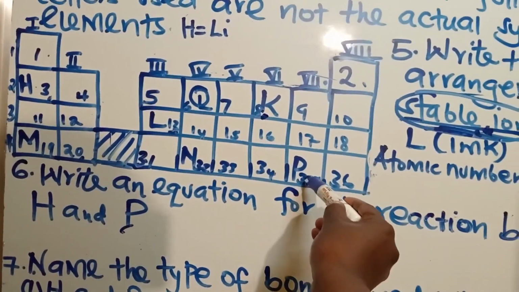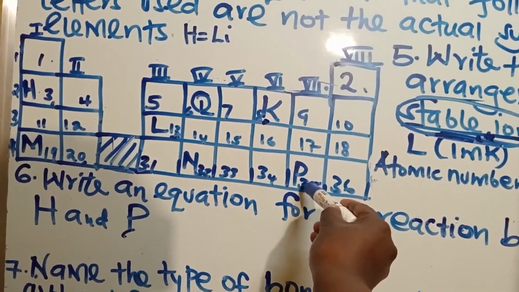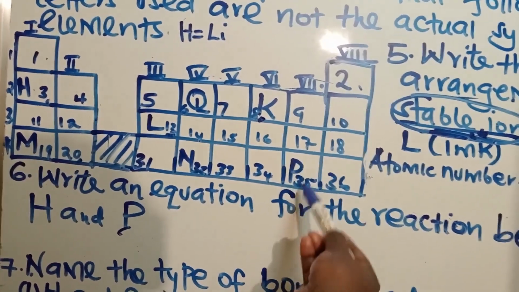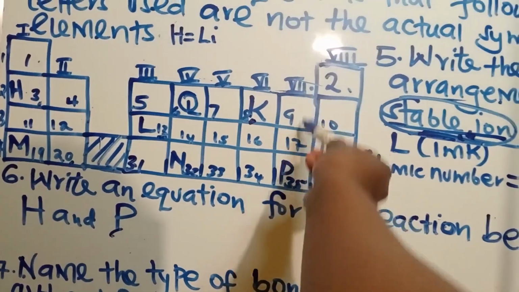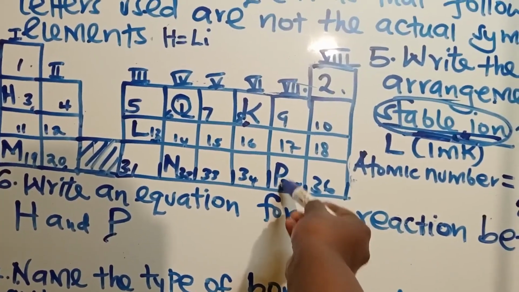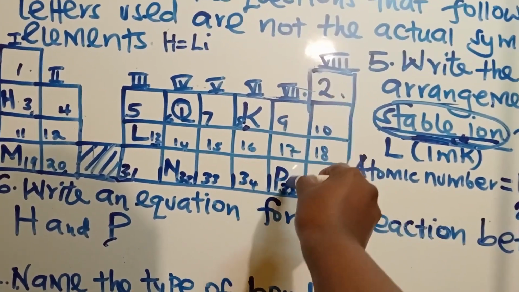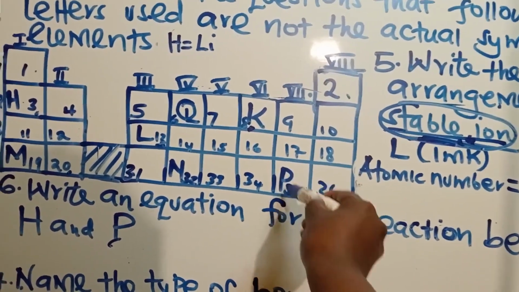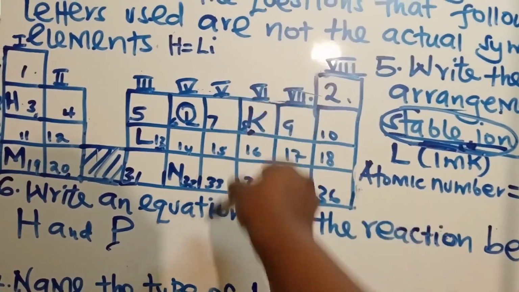Look at this other one, capital P. In a normal situation, P is for phosphorus, but in here, this is a halogen, and phosphorus is not a halogen, because the P that we have here is in group 7, meaning it is a group 7 element. And P for phosphorus is supposed to be in group 5.